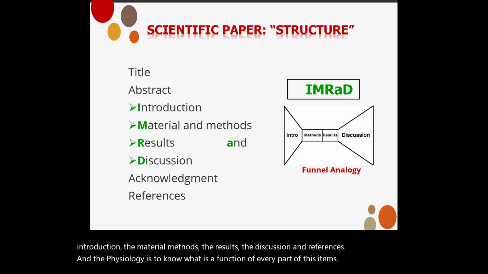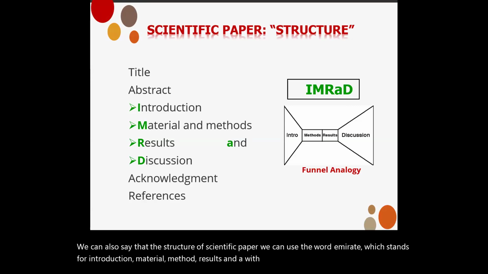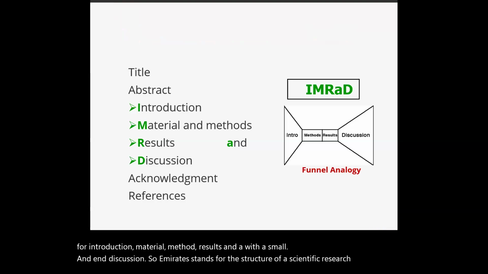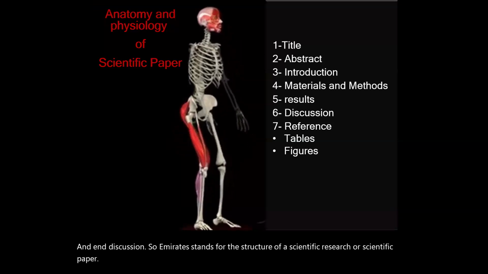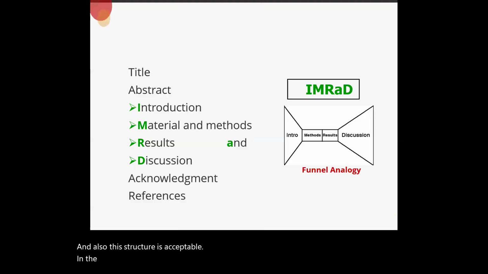We can also say the structure of a scientific paper, we can use the word IMRAD, which stands for introduction, material and method, results, and A with a small a, and discussion. So IMRAD stands for the structure of a scientific paper, and also this structure is acceptable in the form of title, abstract, introduction, etc.